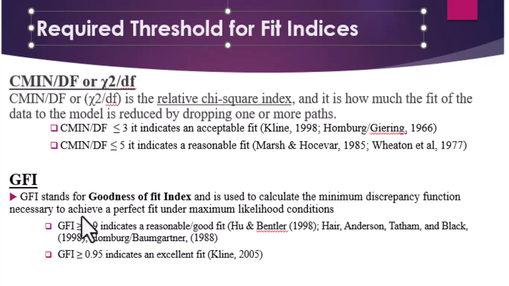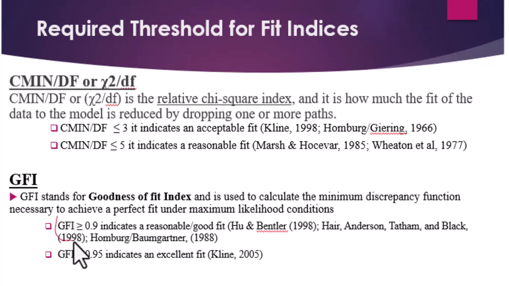The required threshold is this: it should be greater than or equal to 0.9, which indicates a reasonable or good fit according to these authors. Then according to Kline 2005, if the fit index is greater than or equal to 0.95, then it indicates an excellent fit. But actually the required threshold is this: it should be greater than or equal to 0.9.